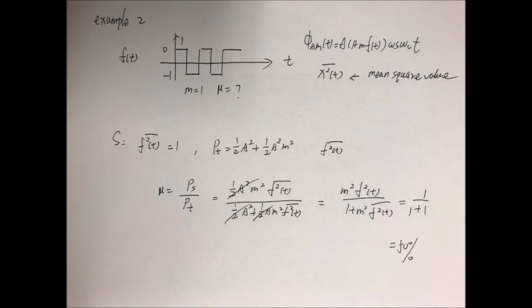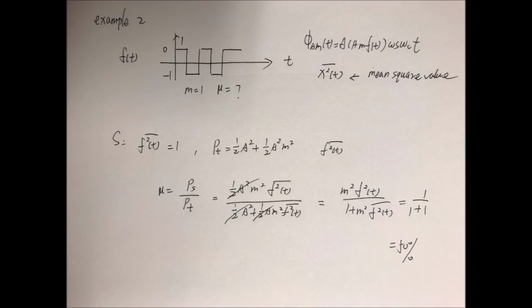So how about my efficiency? What is my power? My power is 1. Okay, efficiency. Let me write down. Total power will be half a square plus half a square m square.